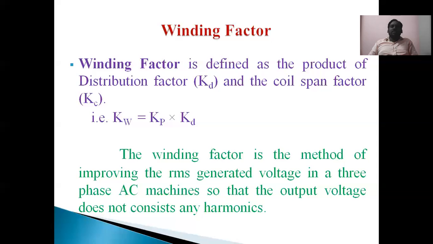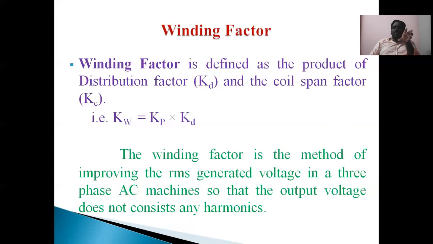When the RMS value increases, harmonics are less. Why we have to consider these windings, we already discussed in the last class. Why did we consider double layer winding? Why did we consider fractional slot winding? In order to improve the voltage profile, meaning we have to obtain a pure sinusoidal wave.